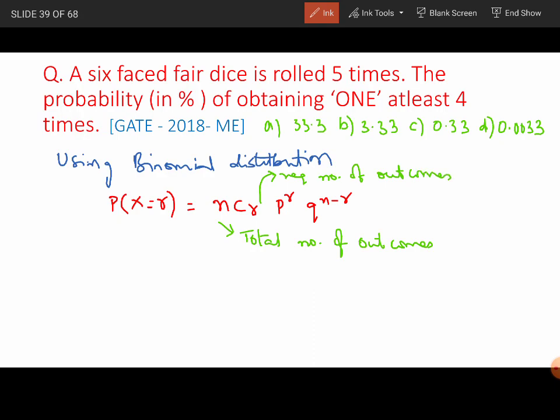P is the probability of success. And Q is the probability of failure. So let me repeat once again. NCR P power R Q power n minus R, where n is the total number of outcomes, R is the required number of outcomes, P is the probability of success, and Q is the probability of failure.